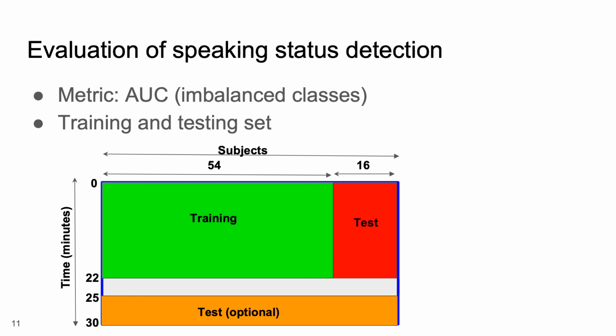This is because we want to evaluate the approaches in their ability to generalize across subjects. And then there's also an optional set that participants can use to train their person-specific classifiers, or to fine-tune their person-specific classifiers for an optional task.